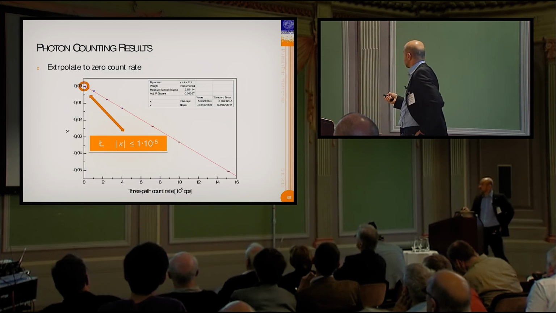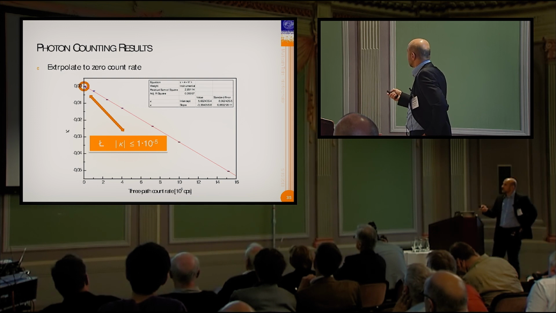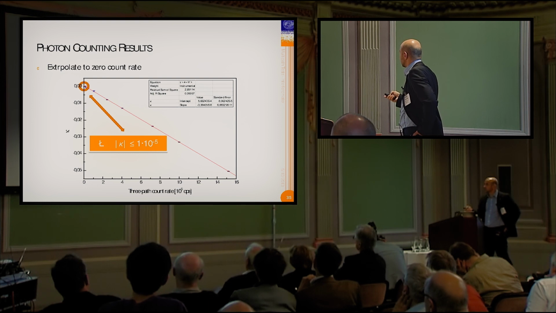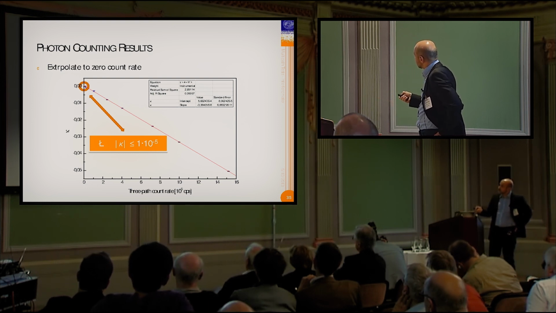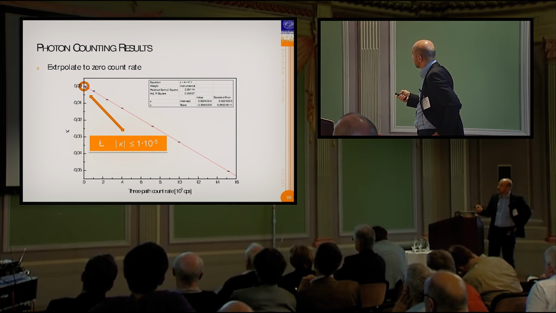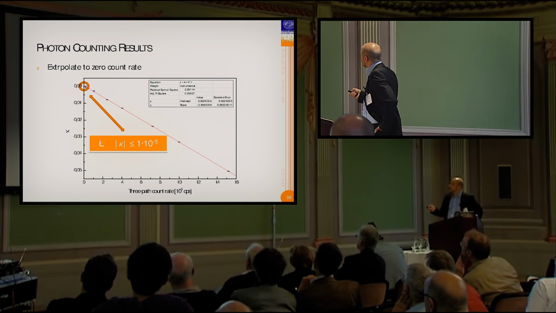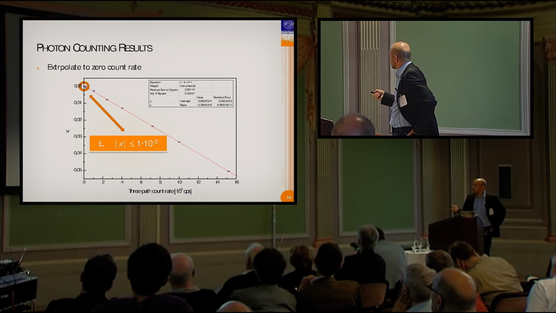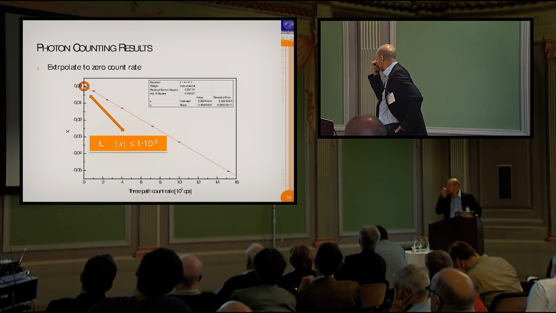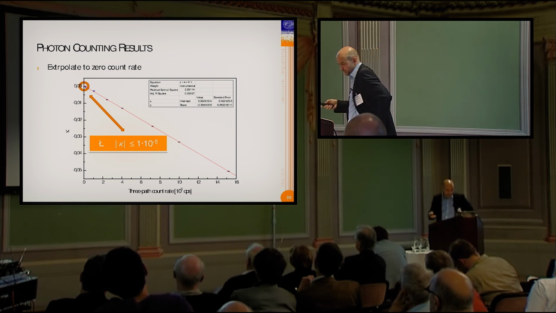If we take this, then we can measure kappa as a function of our count rate, and we see that it looks very linear, almost linear to quite large numbers. What we can now do is take this nonlinearity that we've modeled with the dead time and extrapolate to 0. Sorry, that number is actually not quite correct. I have the exponent wrong. There should be a 10 to the minus 4 here if we extrapolate this photon counting result to 0.